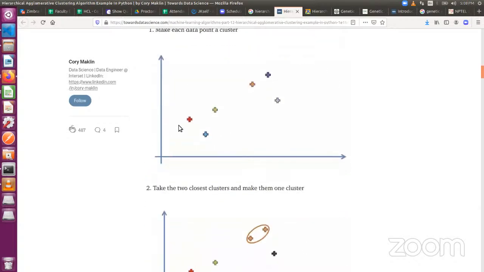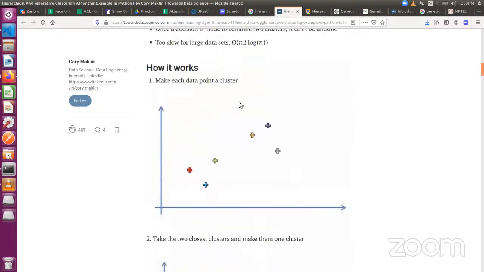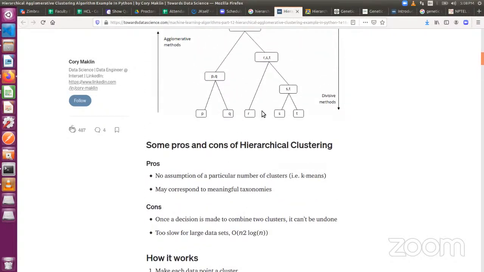So now we will find the points which are closest to each other, and then we will group them, which is the first level of grouping. If we group these two, what happens? These two together become a single group, or a single cluster.